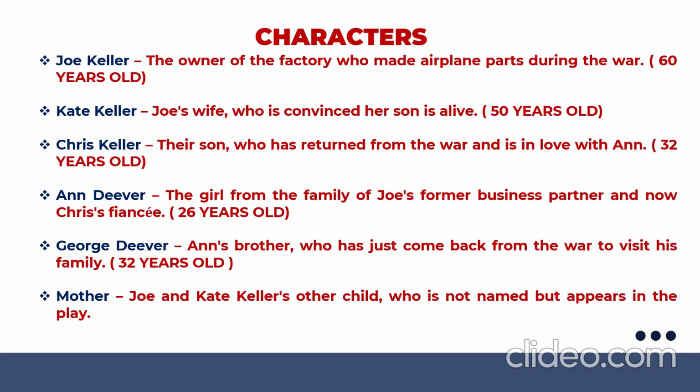Chris Keller is the son who loves Anne. He is about 32 years old. Anne Deaver is the daughter of Steve Deaver, Joe Keller's partner. Chris Keller and Anne Deaver love each other, and she's Chris's fiancee. She's about 26 years old.